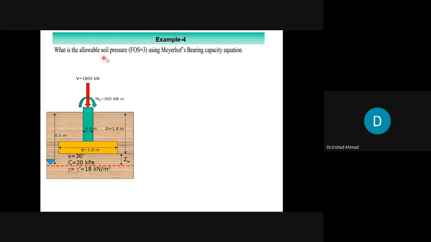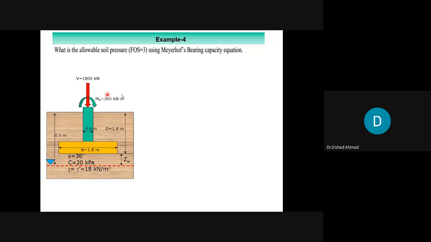You need to find the allowable soil pressure, factor of safety 3, using the Meyerhof bearing capacity equation. That equation would give you the ultimate bearing capacity. Divide that by factor of safety 3 to get the allowable soil pressure.